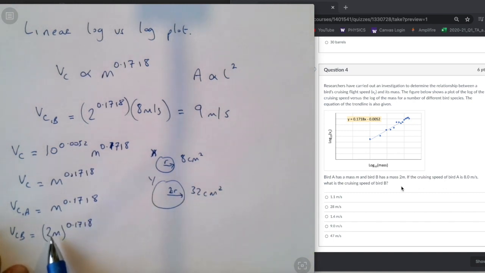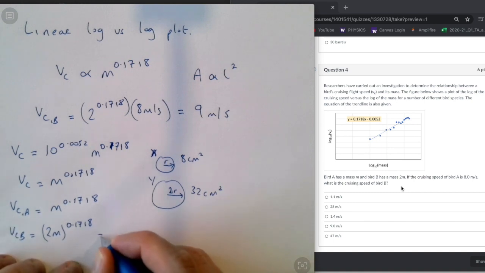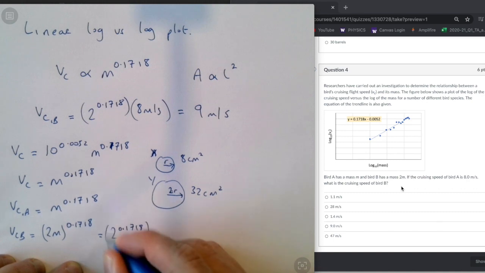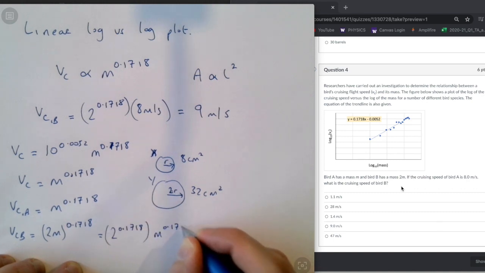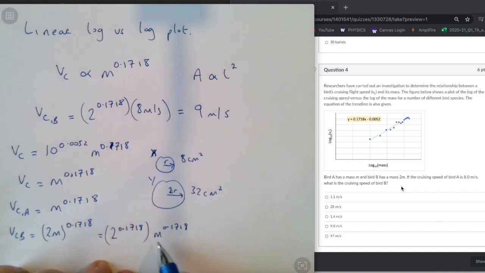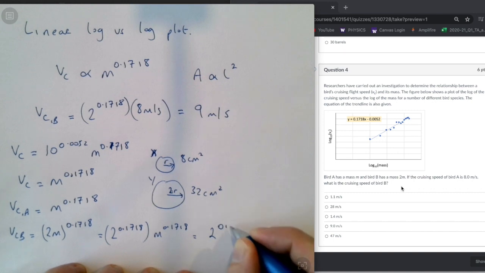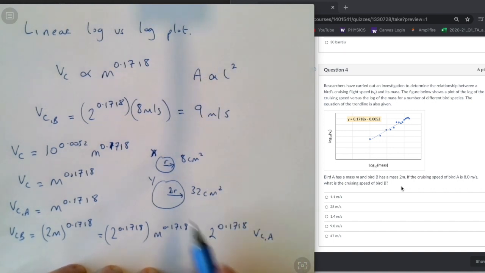But I can take the 2 out and separate this and write it as 2 raised to the 0.1718 times m to the 0.1718. But m to the 0.1718 is VCA. So this is going to be 2 to the 0.1718 times VCA, which is exactly the shortcut up here. I replace the VCA with 8 meters per second.